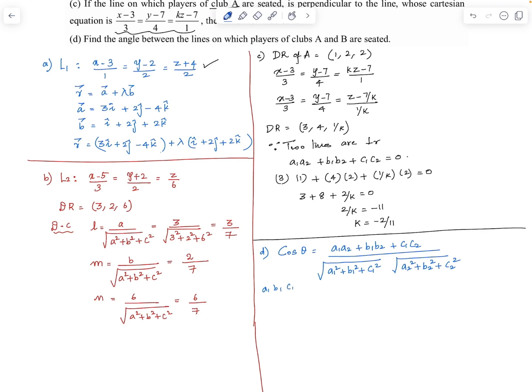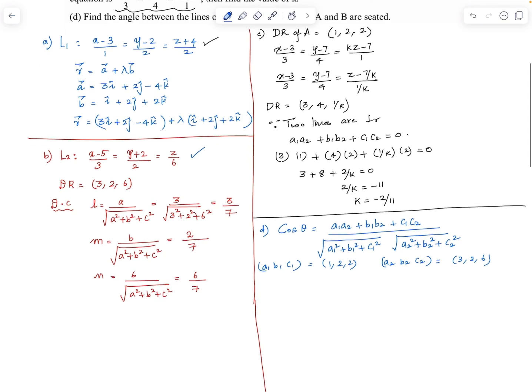a1, b1, c1 is 1, 2, 2, which we take from line 1, and a2, b2, c2 is equal to 3, 2, 6, which we take from line 2.